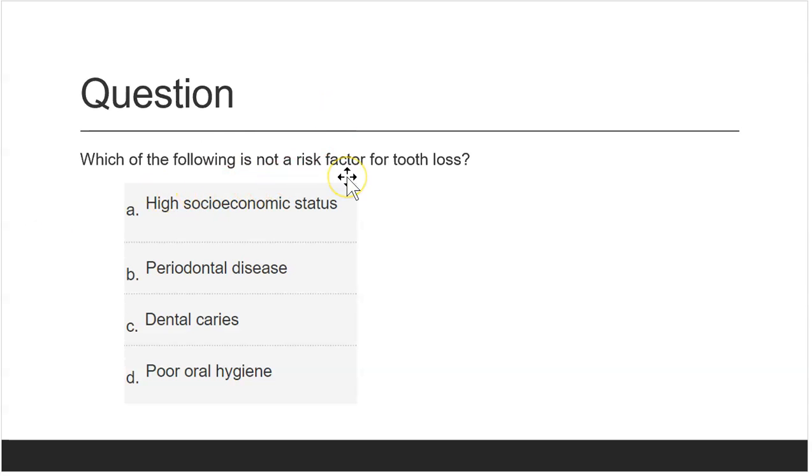Which of the following is not a risk factor for tooth loss? A, high SES or high socioeconomic status, B, periodontal disease, C, dental caries, or D, poor oral hygiene.